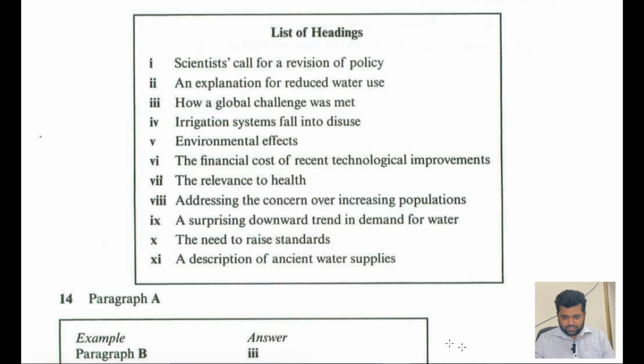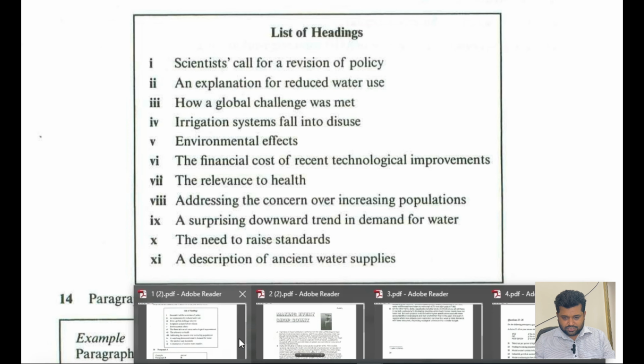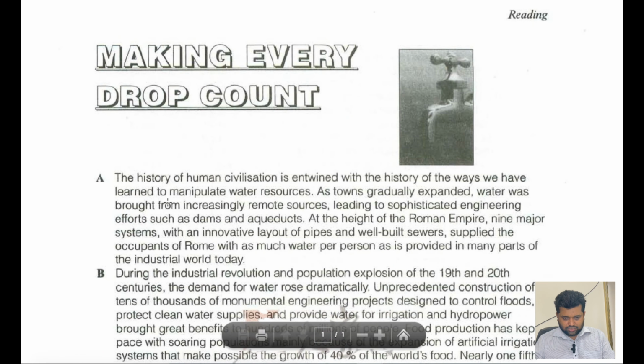In the first para, we see the para is about the history of human civilization is entwined with the history of the ways we have learned to manipulate water resources. As towns gradually expanded, water was brought from increasingly remote sources, leading to sophisticated engineering efforts such as dams and aqueducts.